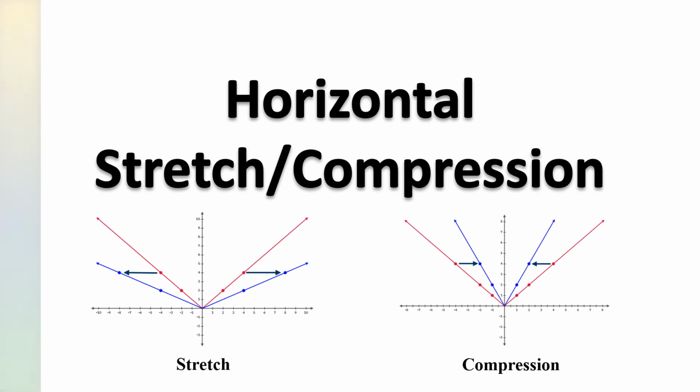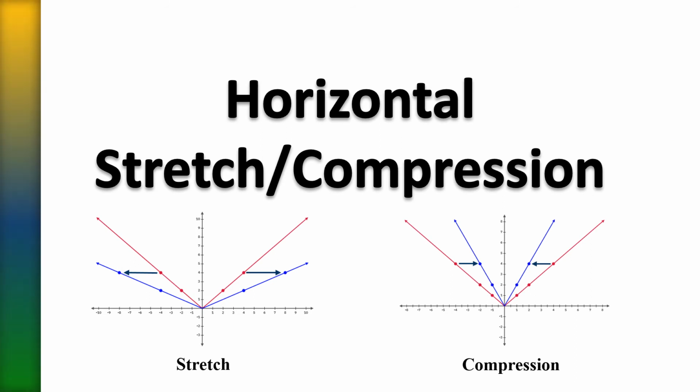And now let's discuss horizontal stretches and compressions. A horizontal stretch or compression is you're going to be pulling or pushing the graph either toward or away from the y-axis.